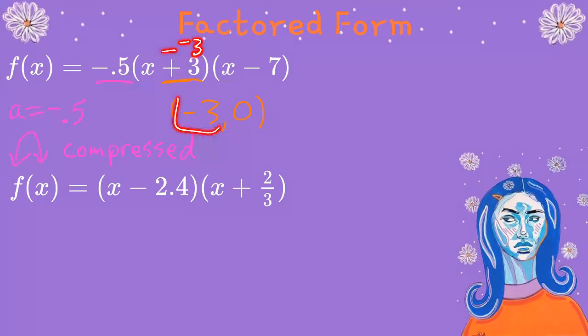So that makes our x-intercept the value of x negative 3. But here, this tells me that my x-intercept is 7, 0, because it's x minus q. So q must be 7.